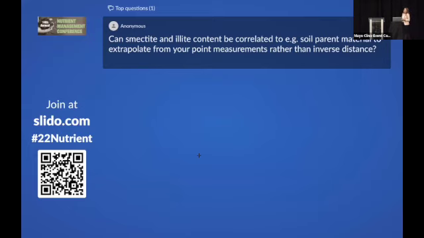Yeah, so that could be when I was talking about clay fixation. There was a question about when you are sampling in super dry conditions versus in moist conditions, why is your soil test so different? And also, why might your soil test K be higher than what it actually is in reality?